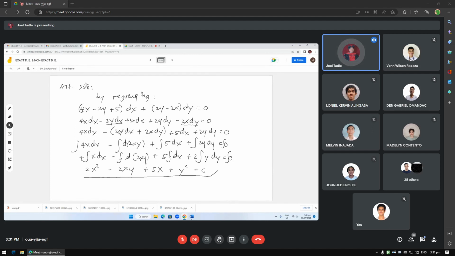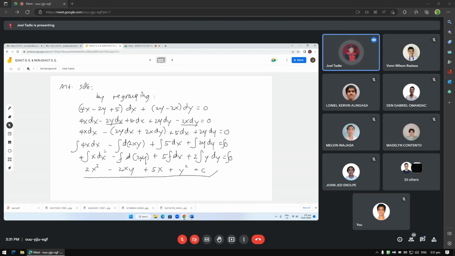The derivative of 2xy is equal to 2y dx plus 2x dy. So we have to be keen observers here, guys. If we integrate the derivative of 2xy, the integral and differential symbols cancel out. So the answer is negative 2xy.